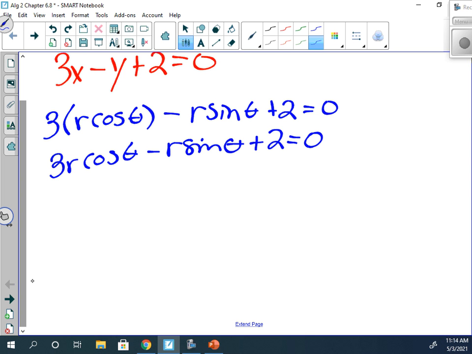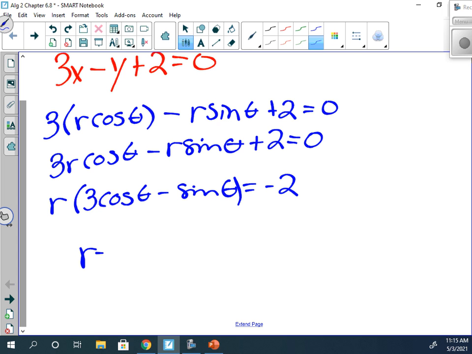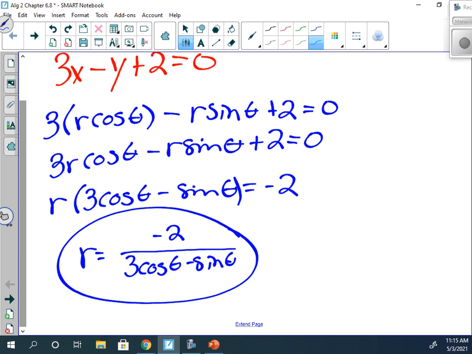Yep. So we're going to factor out the r, which leaves us with 3 cosine theta minus 2 sine theta. And then we can divide both sides by cosine theta minus sine theta, and that actually should be our equation.